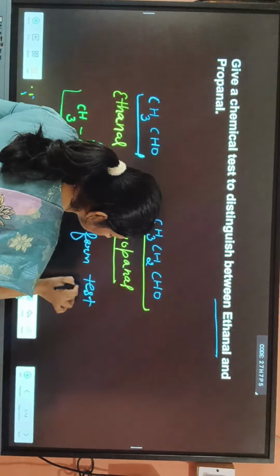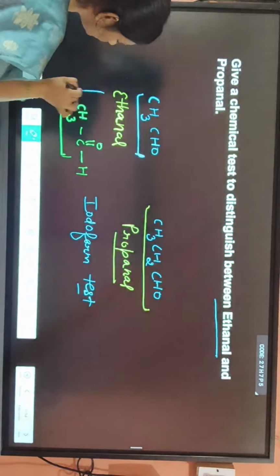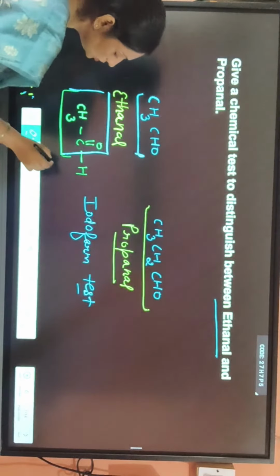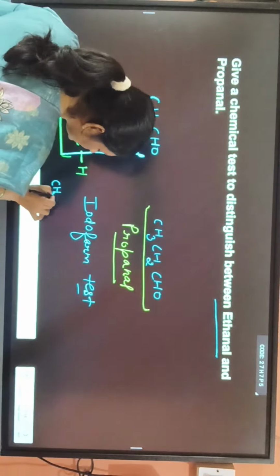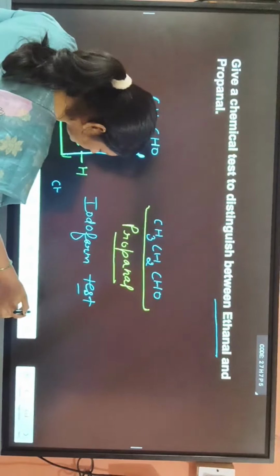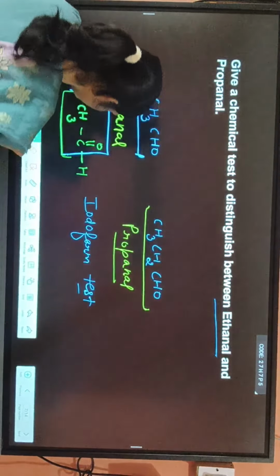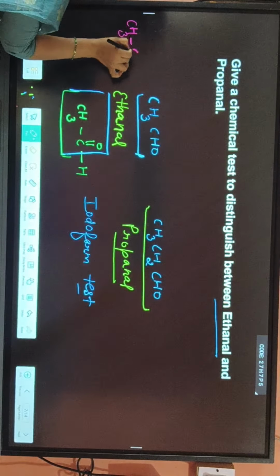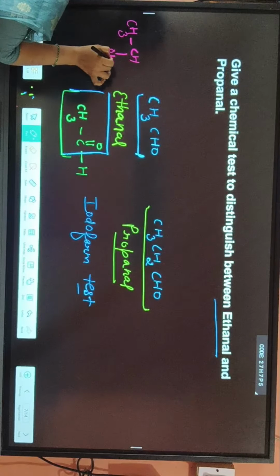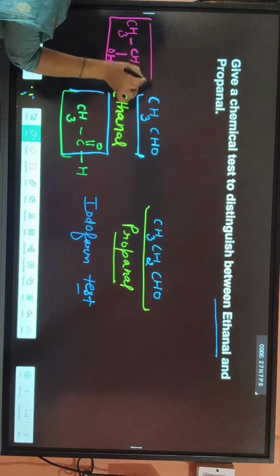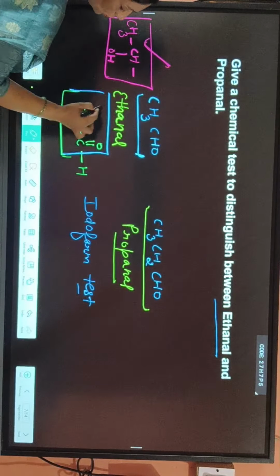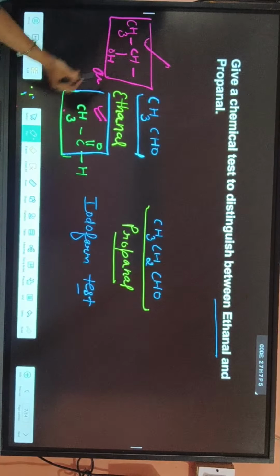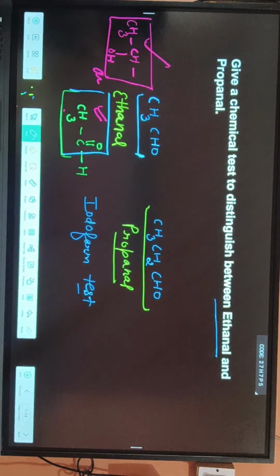Students, if you have the CH3CO group or the CH3CH(OH) group, in any compound, either this one or this one, it will give the iodoform test, otherwise not.